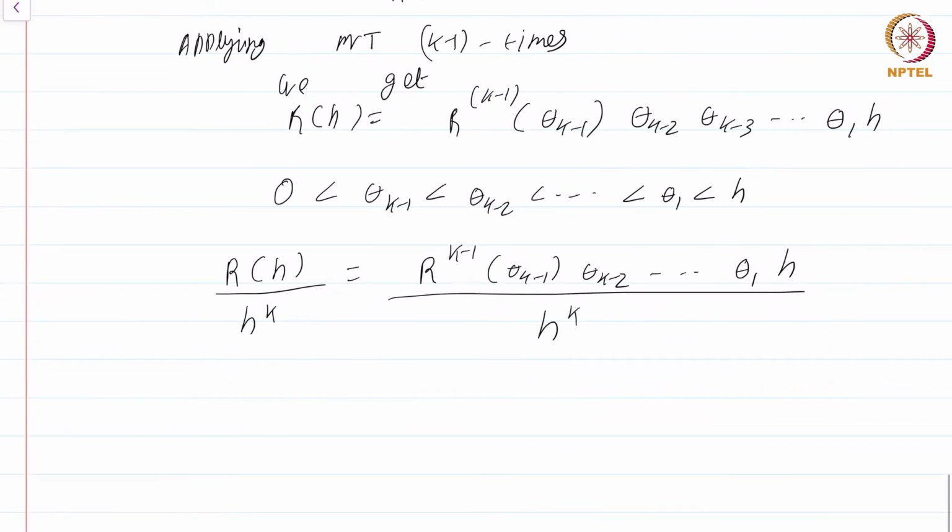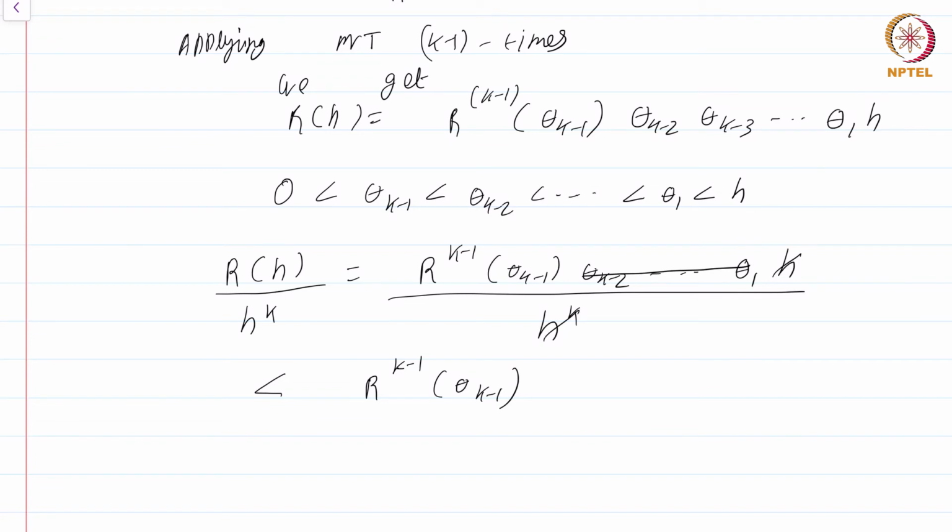Okay, now how are we going to simplify this? Well, observe that these theta k minus 1, theta k minus 2 are all less than h. So this whole thing I can write as r k minus 1 of theta k minus 1 and cancel off h and all of these also. So what I'm doing is, in the numerator I have a quantity which is less than the denominator.